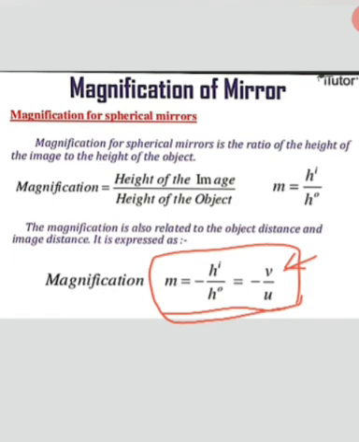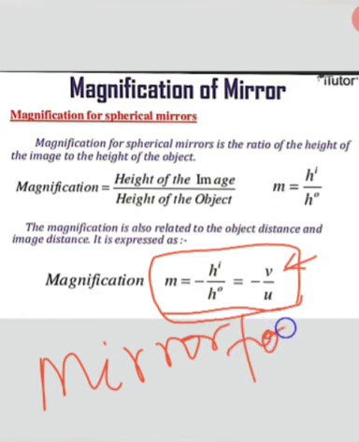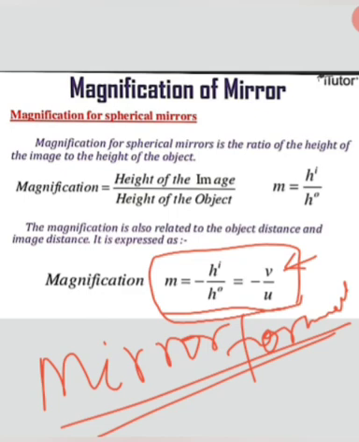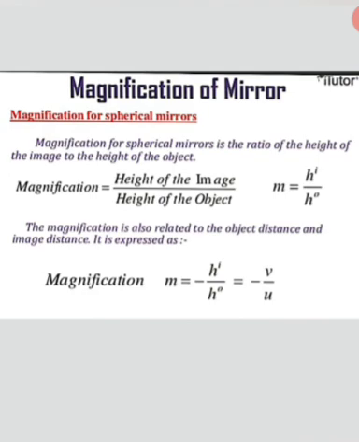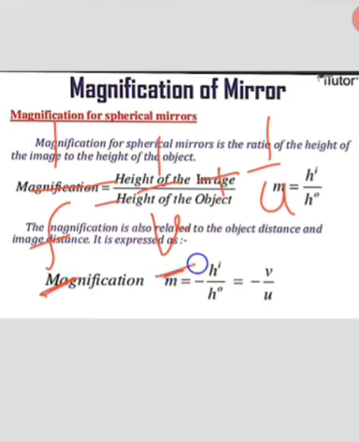One more important thing is the mirror formula. What is the mirror formula? It is very important for doing numericals. The mirror formula is given by 1 upon f is equal to 1 upon v plus 1 upon u, using the sign convention, where f is the focal length, v is the image distance, u is the object distance.